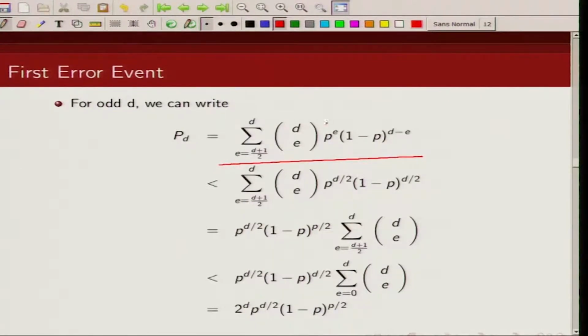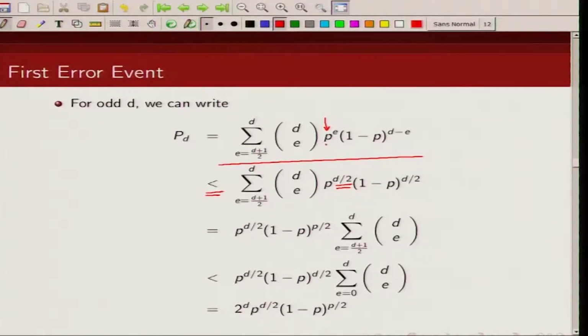Now, note that this crossover probability is typically small, and again it is a number between 0 and 1. So, if you raise it to a higher power, you get a smaller quantity. So, the first upper bounding that we are doing is, instead of raising it to e, we are raising it to d by 2.